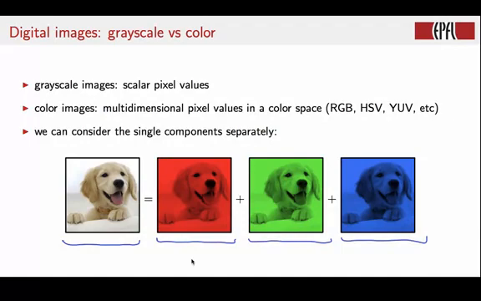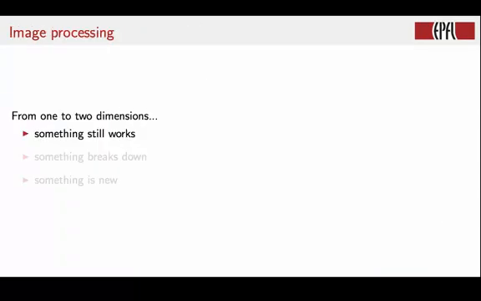So in the case of RGB, for instance, we will have three independent components that encode the red part, the green part, and the blue part. Each of these images is now a scalar image, and so in the following we will be simply concentrating on scalar images for processing.